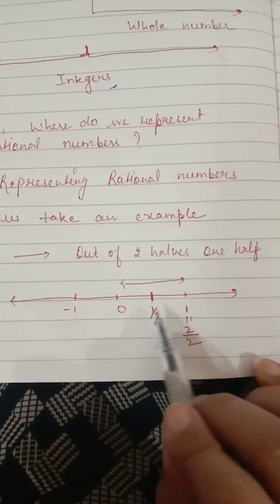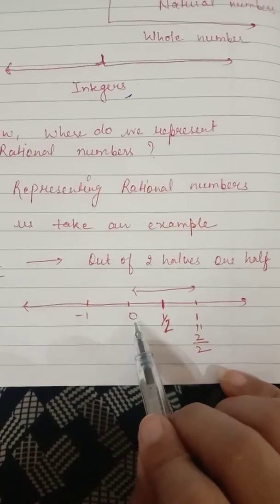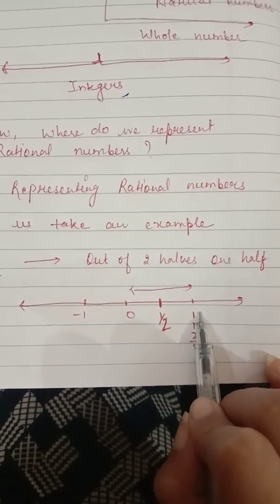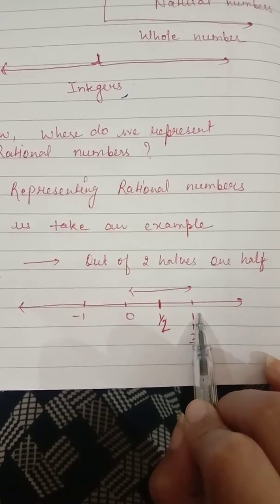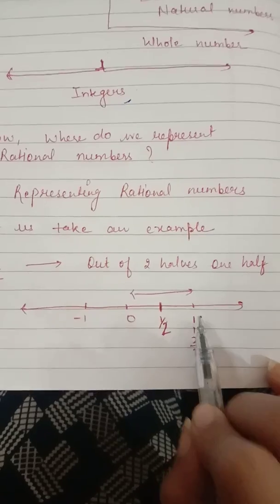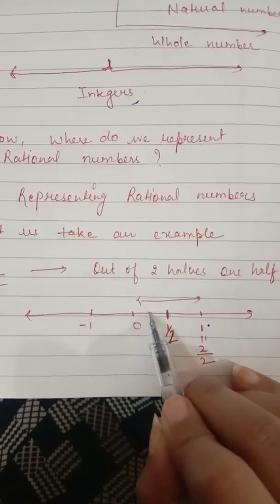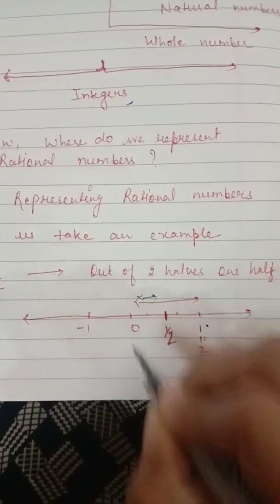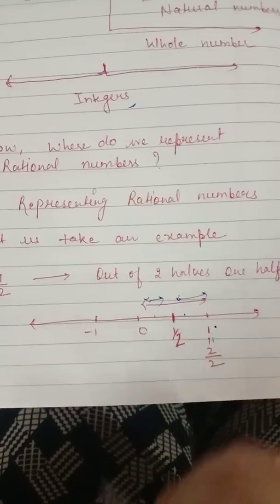So I will divide this line between 0 to 1 in 2 equal parts. In how many parts? In 2 equal parts. So when I divide this line in 2 equal parts, one part is here and the other part is here.